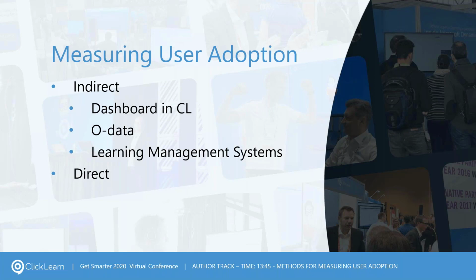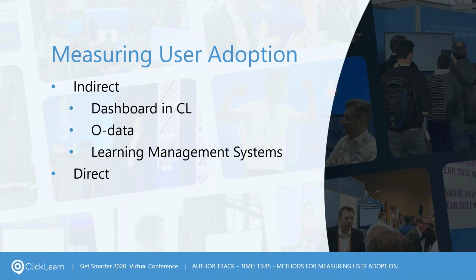For those who have a learning management system, I also hope that you know that we can create SCORM packages using ClickLearn Studio. So you can directly import them into your learning management system, and that way you'll be able to go in there and investigate. So by indirect, I mean not measuring the adoption, but maybe the will to adopt, or at least the trying to get there. So the readiness of the end users, that's what you actually can measure in that term, right?